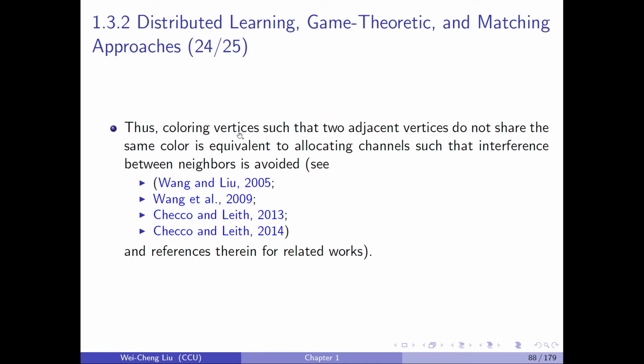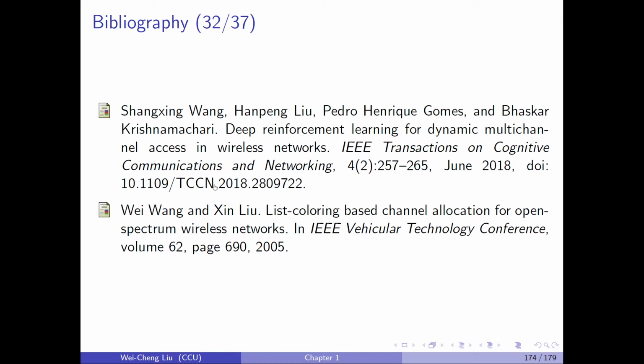Thus, coloring vertices such that two adjacent vertices do not share the same color is equivalent to allocating channels such that interference between neighbors is avoided. See the following four related works. Okay, the first one is Wang and Liu in 2005.